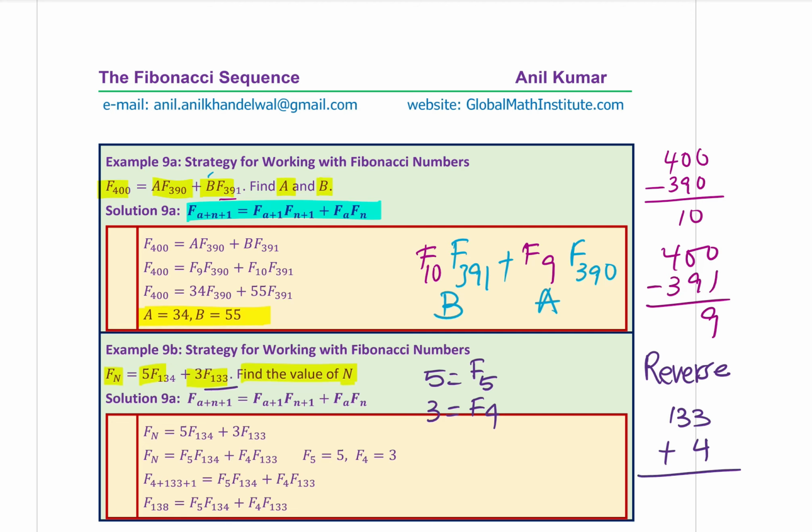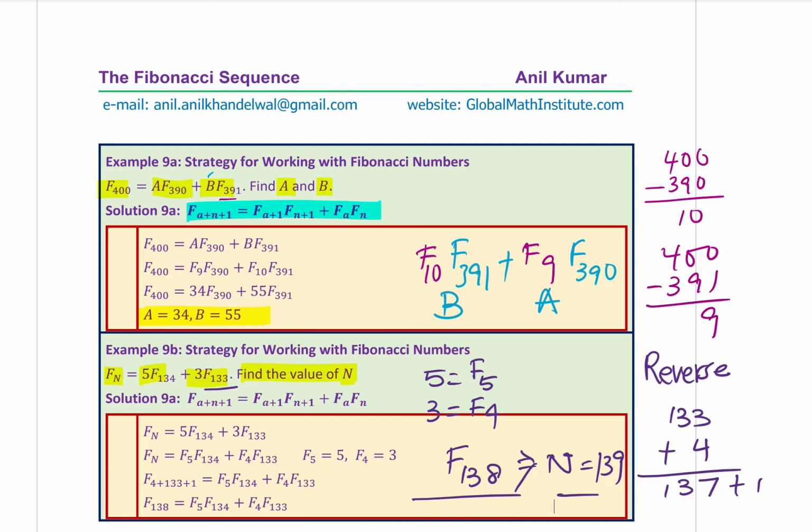In that case, what we get here is 137, and to that we have to add 1, so we get 137 plus 1 to get 138 as our answer, right? So we know n is equal to 138. So this implies n is 138. So you see how adding these numbers and understanding the formula helps us to immediately provide the solution.